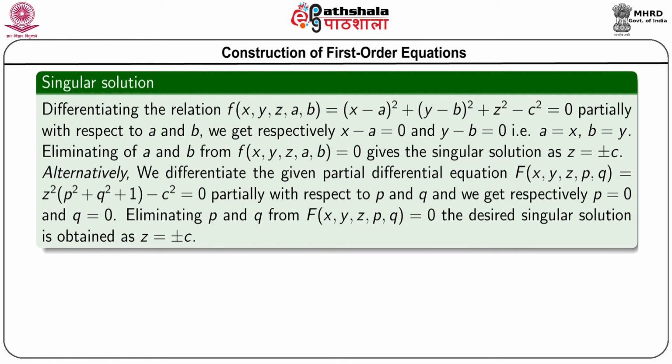If we substitute the values of p and q in the given equation, we find the solution z equals plus or minus c. This is a singular solution, and we are getting the same singular solution which we obtained by eliminating a and b from the general solution.